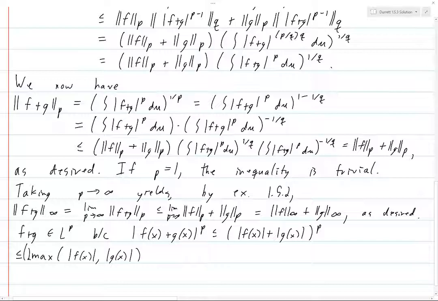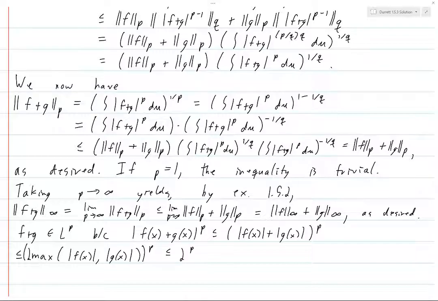And then this entire thing is being raised to the power of p. Now we can take the 2 times 2 to the power of p outside, and then we're left with the maximum of f of x and g of x to the power of p.